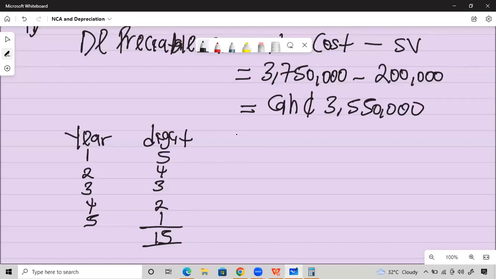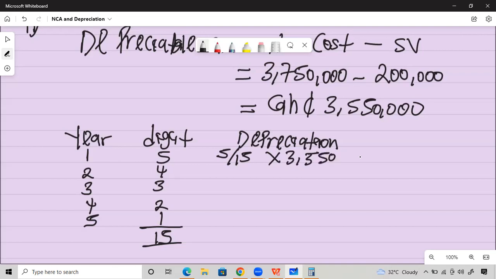Okay, so my depreciation will now be 5 divided by 15 multiplied by, oh sorry, this one will be 4 divided by 15 multiplied by 3,550,000.